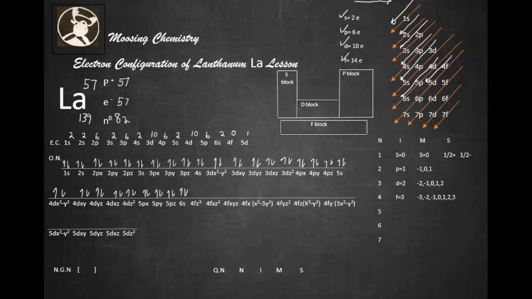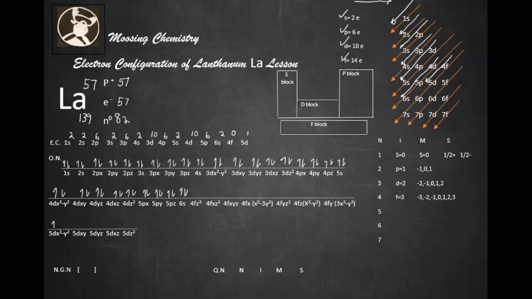Lanthanum is in the D block, right? But it only takes 10 electrons to fill the D shell, and it takes 14 electrons to fill the F shell. And since we're still technically in the D block with this particular element, we have to skip over that. And we're going to put 1 electron.